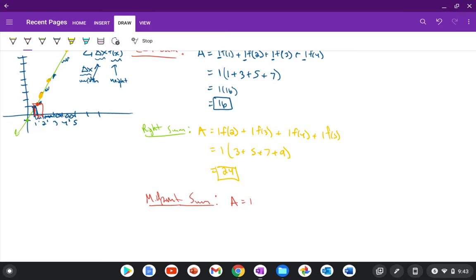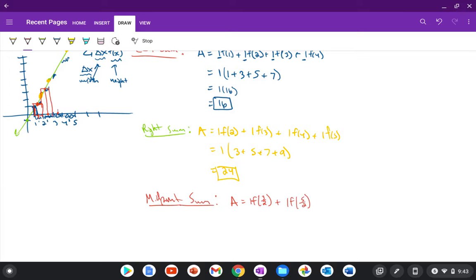So my midpoint sum is going to be 1 times f of 3/2 plus 1 times f of the middle of the next one here. We'll go up and over. So again, you can see half of it's an under and half of it's an over, right? And the middle between 2 and 3, well, that's f of 5/2, or 2.5.